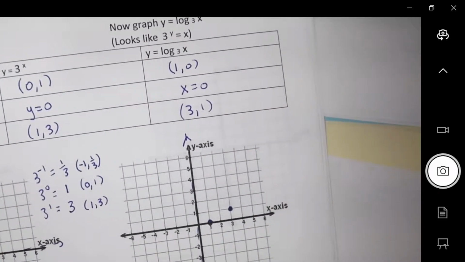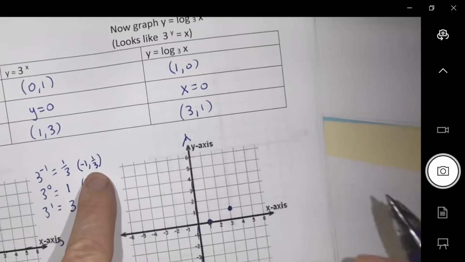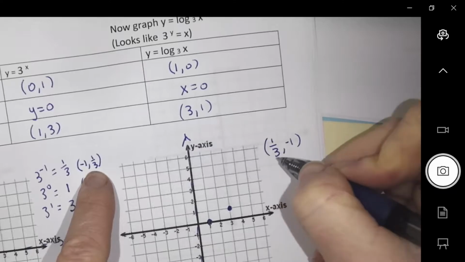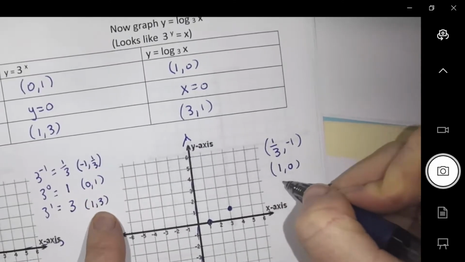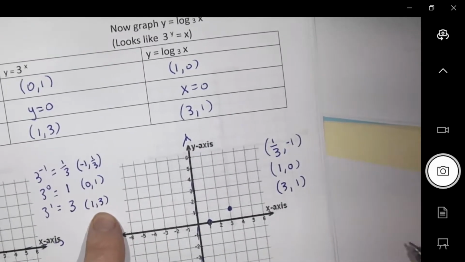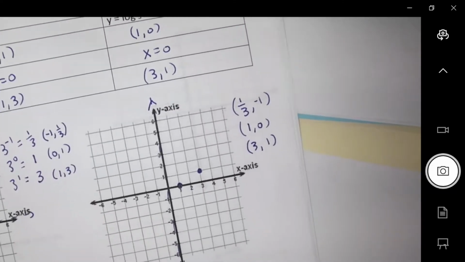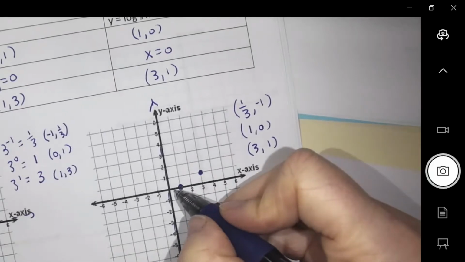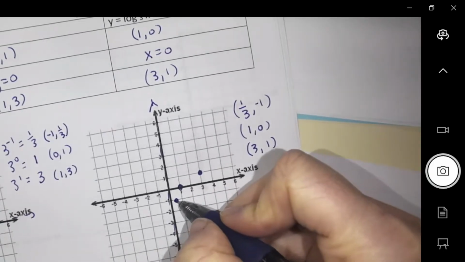Okay, can we also change this coordinate? This one would be 1/3 comma negative 1. So those are my 3 points on the log curve. So 1/3 comma negative 1.